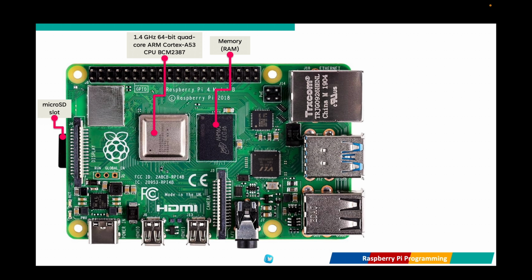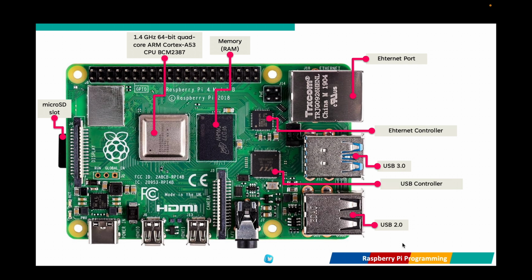This is where you insert your microSD card into the microSD slot. Unlike traditional computers with built-in storage, the Raspberry Pi 4 uses a microSD card as its primary storage medium. The operating system, applications, and files are stored here.